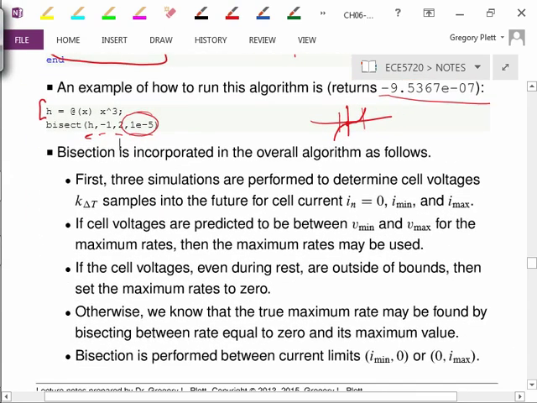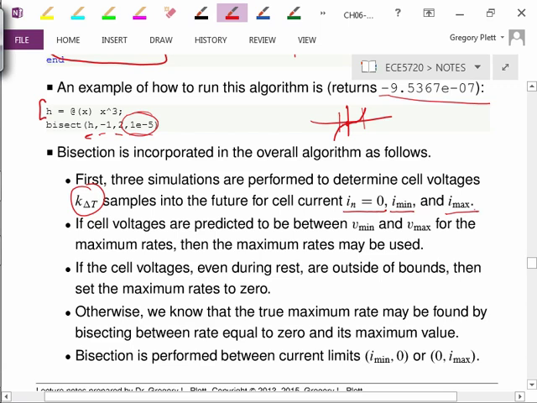So that's a simple example of how to use the bisect function, but we need to be able to use it with a cell model, so we need to figure out how to do that. So overall, we are going to do 3 simulations delta t seconds in the future, k delta t samples in the future, same thing. We are going to simulate this cell for 0 current, for the Imin current, and the Imax current, where those are the design limits.